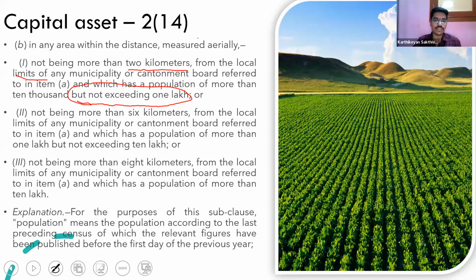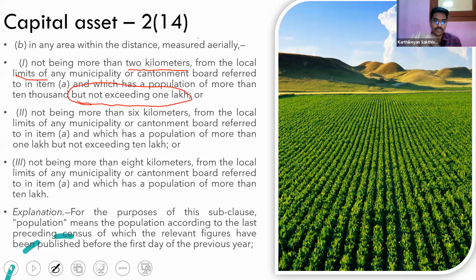So any area which is measured aerially, not being more than 2 kilometers from the local limits of any municipality or cantonment board referred to in item A, and which has a population of not more than 10,000, or more than 10,000 but not exceeding 1 lakh. So 10,000 to 1 lakh, 1 lakh to 10 lakhs, more than 10 lakhs.